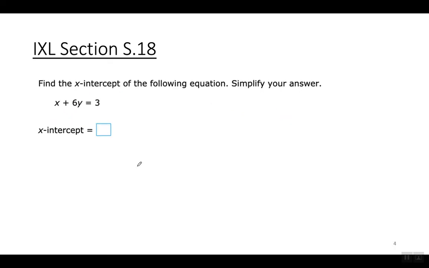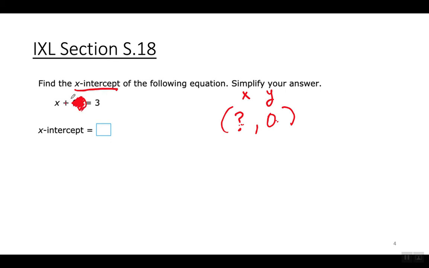All right, let's look at another one. Now in this one, I have to find the x-intercept. Always when you're looking for the x-intercept, the question is: what is x when y equals 0? Remember, this is x and this is y. So the x-intercept is basically asking what value x has when y equals 0. I'm going to substitute a 0 right here for y. 6 times 0 is 0, so this vanishes.